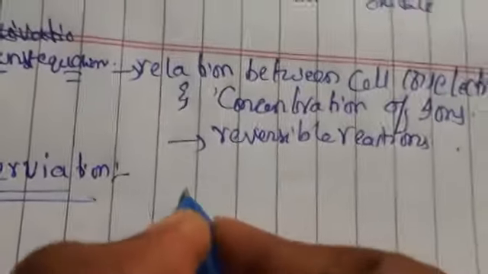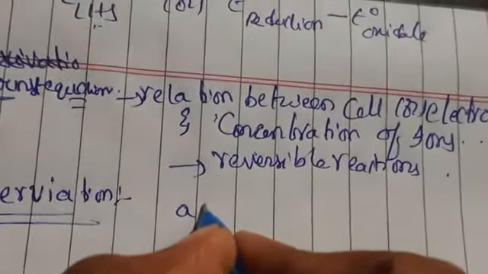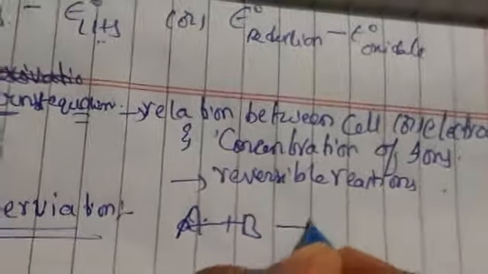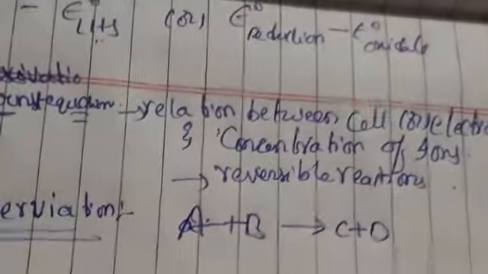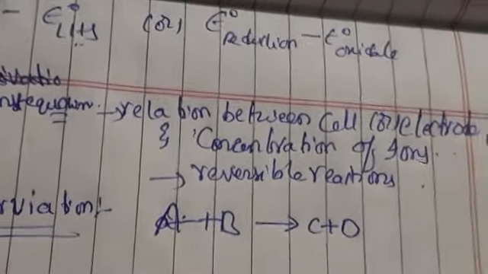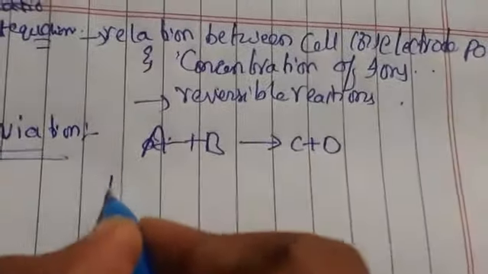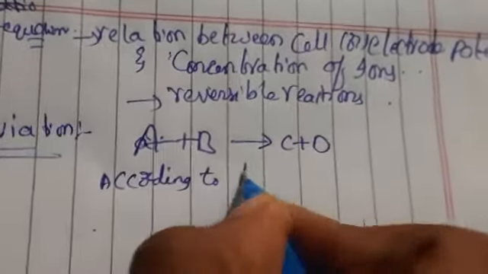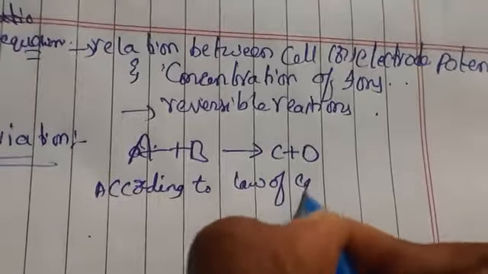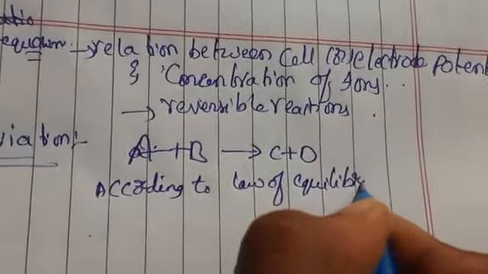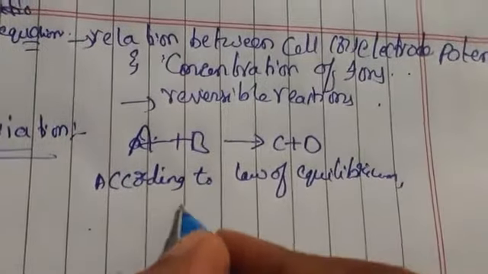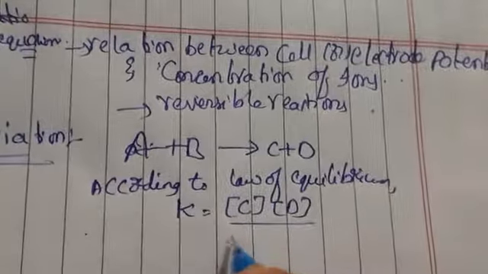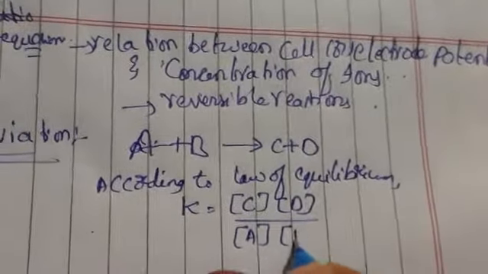Let us consider the equation A plus B gives C plus D. According to the law of equilibrium, we write K equals concentration of products by concentration of reactants.